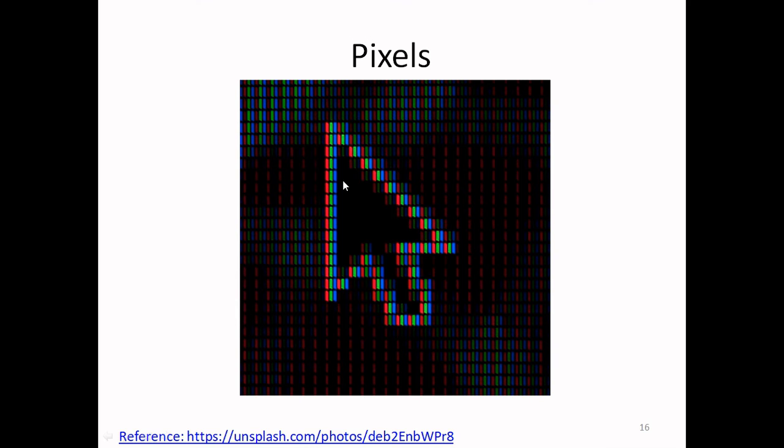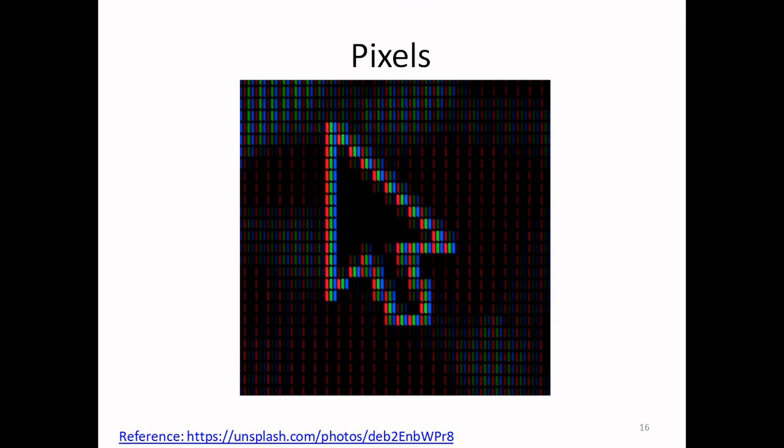Not my arrow, it's a different arrow. So you can see that this arrow is made up of small squares. These small squares together make this image of an arrow. But when you zoom out of this picture, you get a much clearer version of what you are seeing.